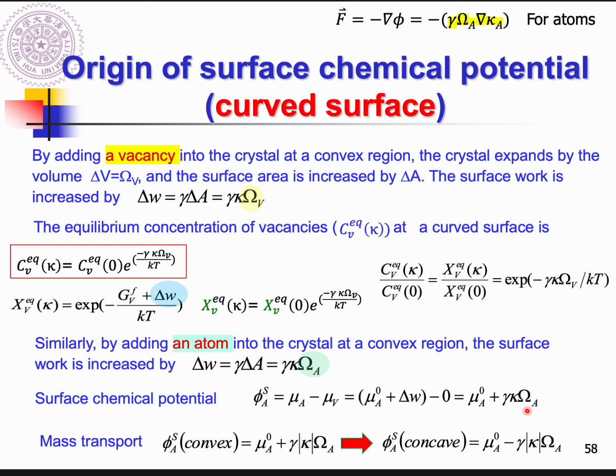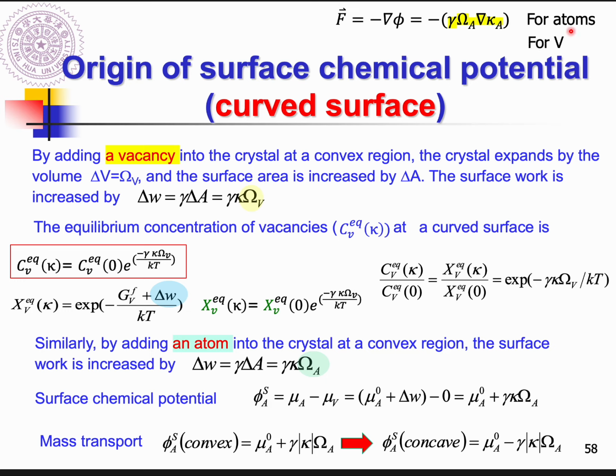So we put an extra negative, and negative times negative becomes positive, so the driving force will be positive. That's the reason why for the driving force we always put a negative in front to represent this. Okay, so this is the driving force for atoms.